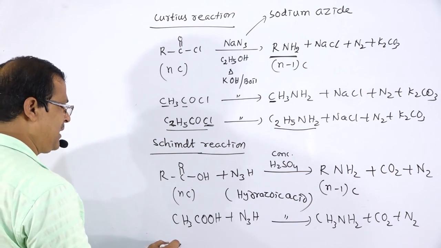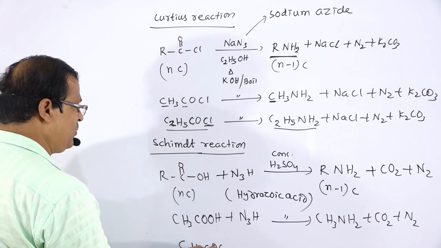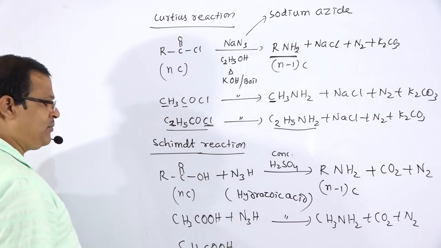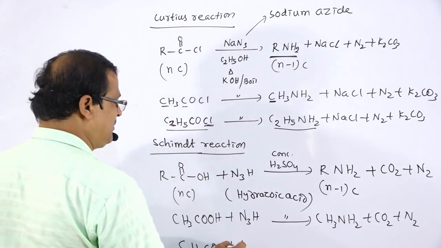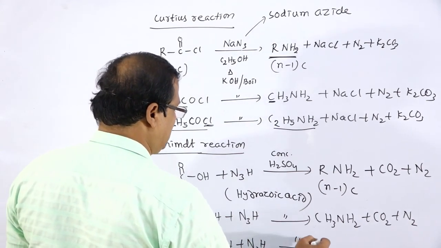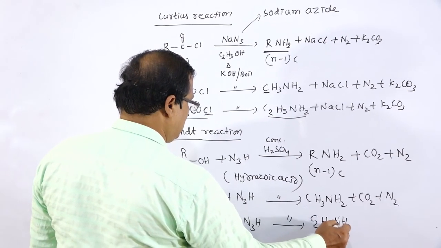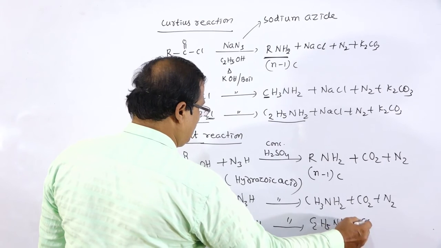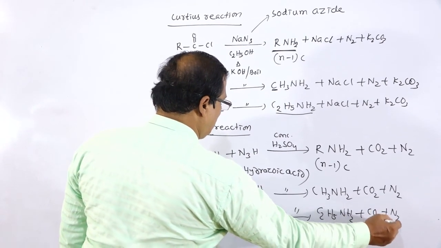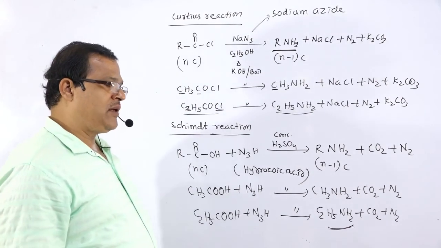Similarly, propanoic acid, C2H5COOH, treated with hydrazoic acid N3H, the same reagent, gives C2H5NH2 plus CO2 plus N2. There is the formation of an amine with one carbon atom less.